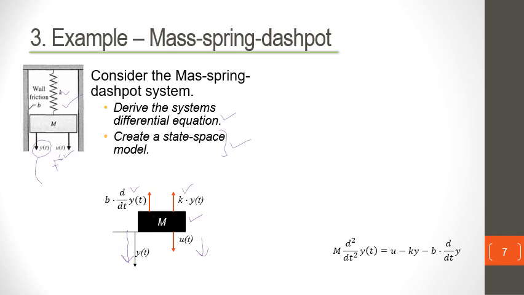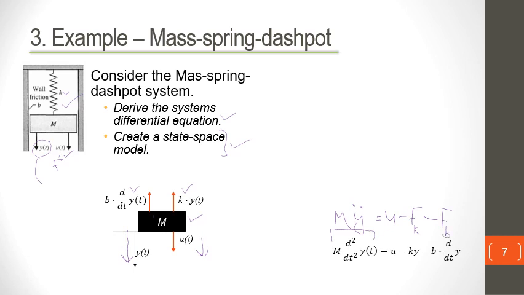Now the differential equation becomes, using Newton's law of motion, mass times acceleration is equal to the sum of forces. So this would be the pulling force minus the force due to the spring minus the force due to the damper.